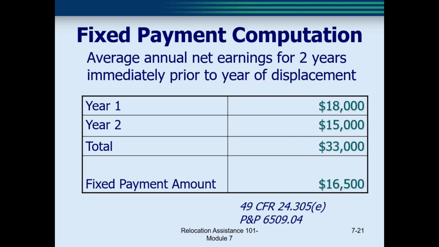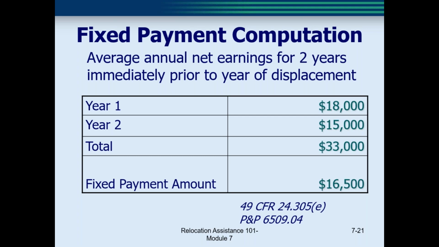So the agency uses the average annual net earnings of a business for 2 years immediately prior to the year the business is displaced to compute the fixed payment. So let's say in the example on the slide that Rita's Flower Shop is being displaced in 2014.